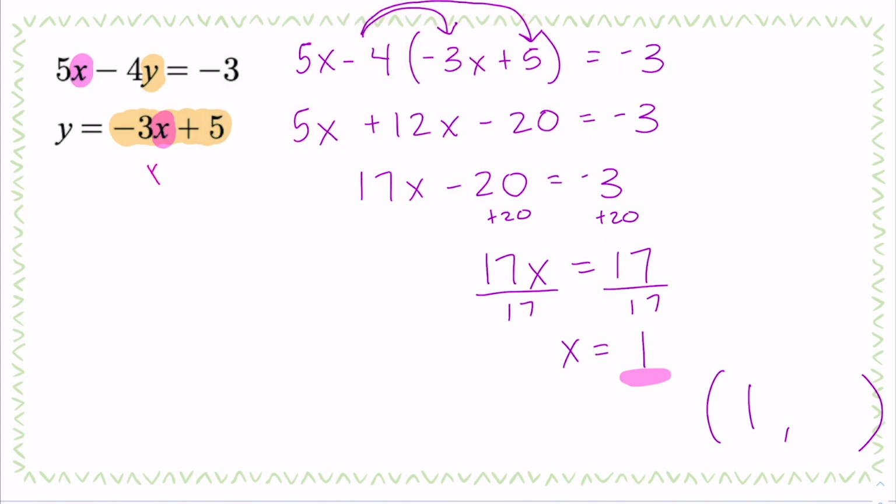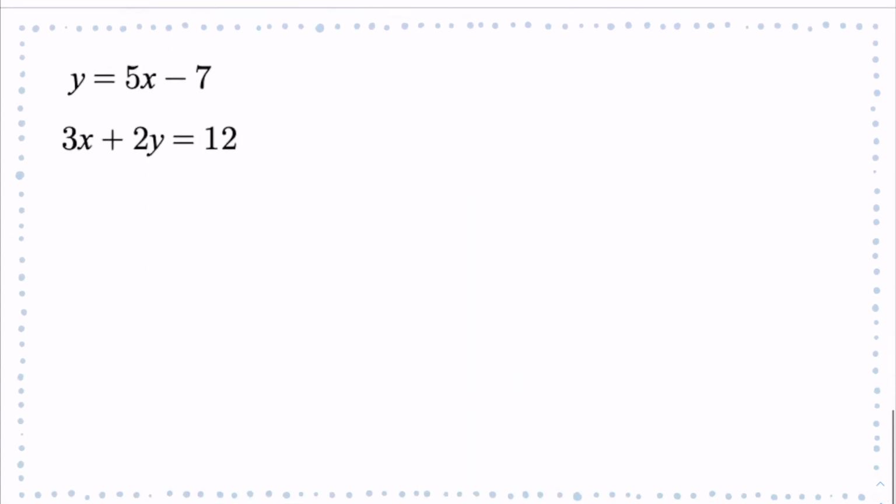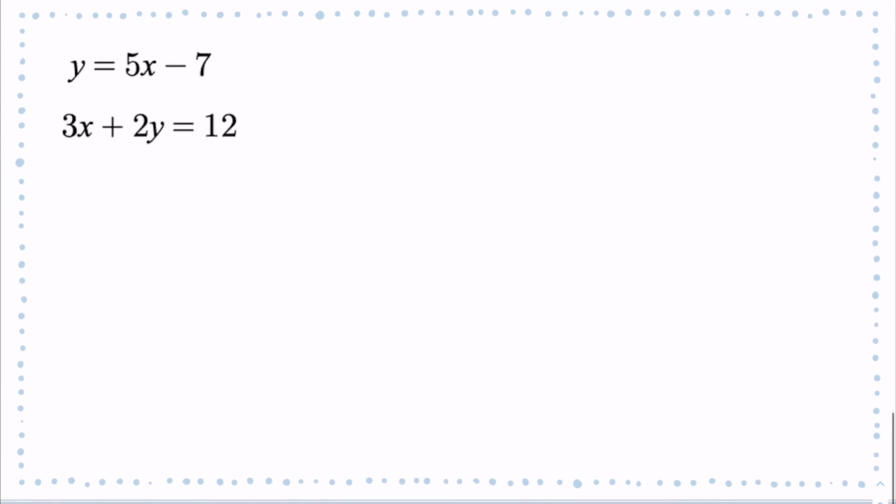So we're replacing the x with 1. So we're going to have y equals -3 times 1 plus 5. And then we have -3 times 1 is -3. -3 plus 5 is 2. So our y coordinate is 2. Remember, we can check that. That ordered pair should make both equations true. Okay, so let's pause the video for you to try this one.